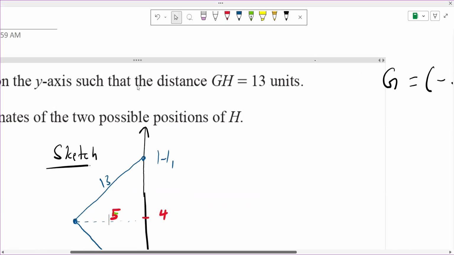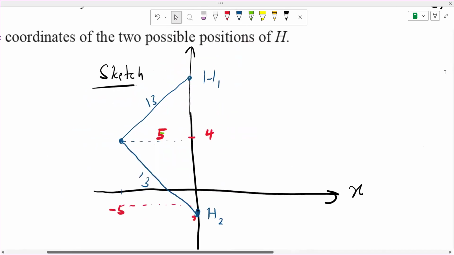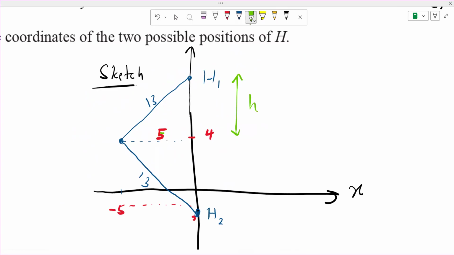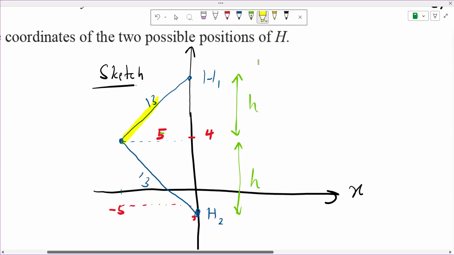Therefore, we should only find this other length in order to find the coordinates. Let's just say the length is h, and the same length here as well. Now we can consider this triangle.